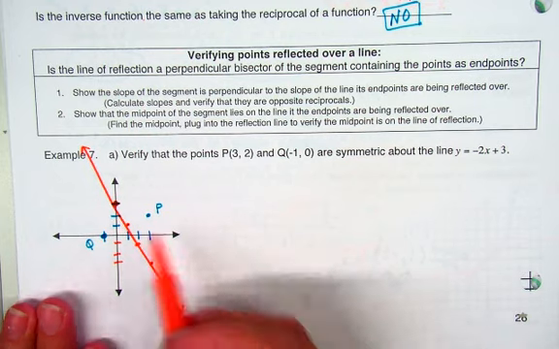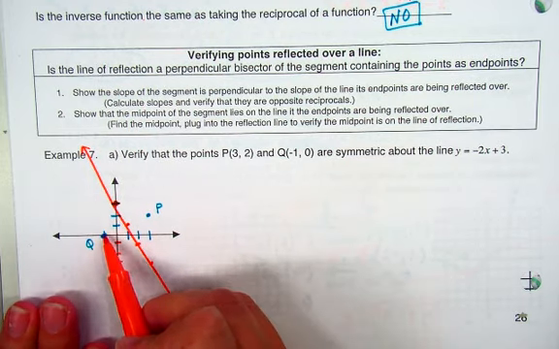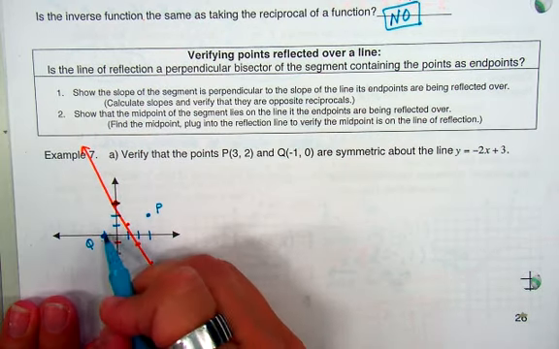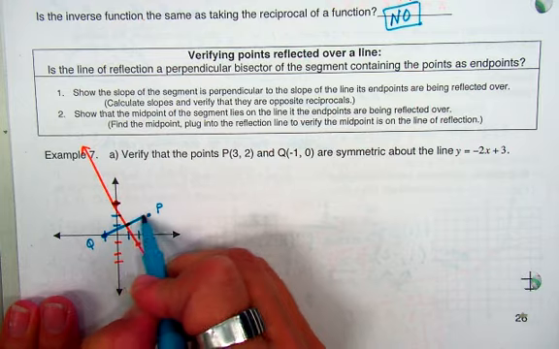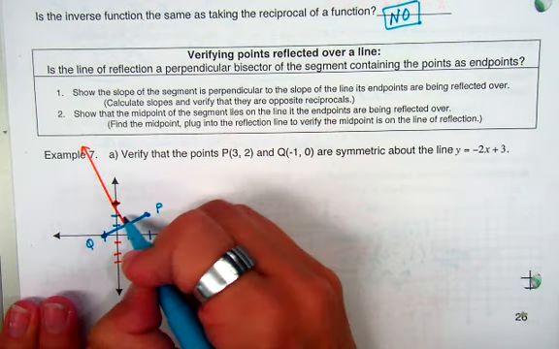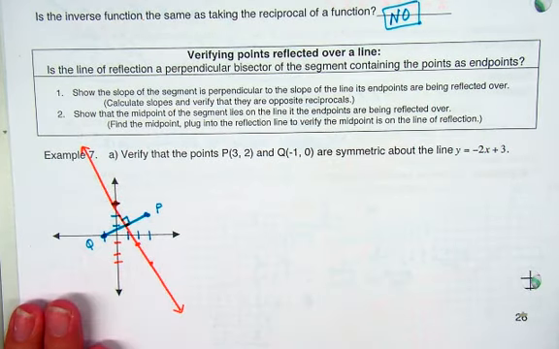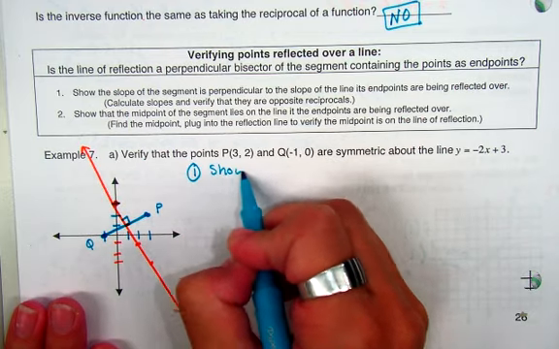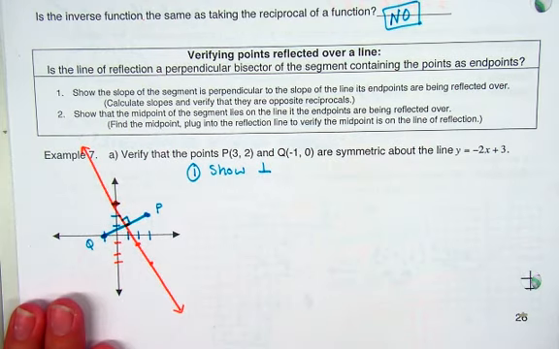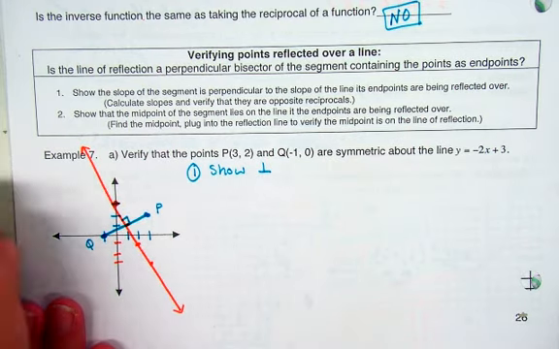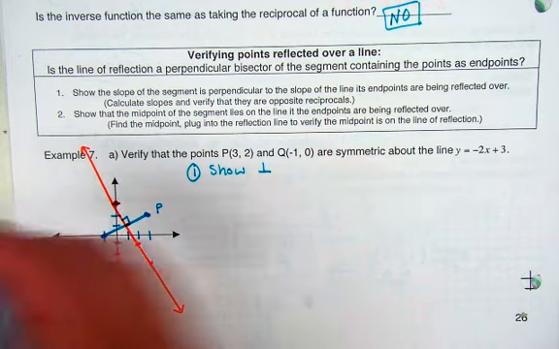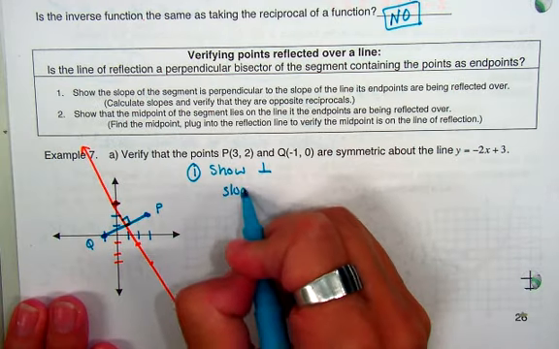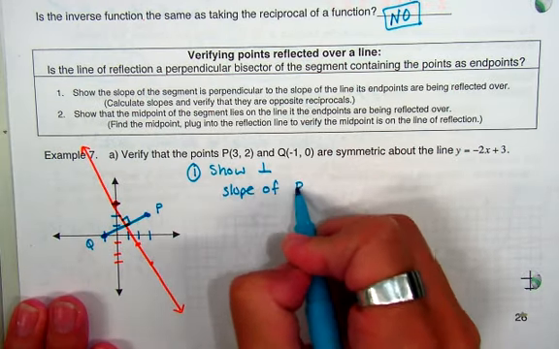And so the first part is we want to connect these two endpoints, and we want to first show that these are perpendicular. That's the key. So step 1 is show perpendicular. Okay. Well, so what I have to do is just find my slope. So I'm going to find the slope of that line PQ.